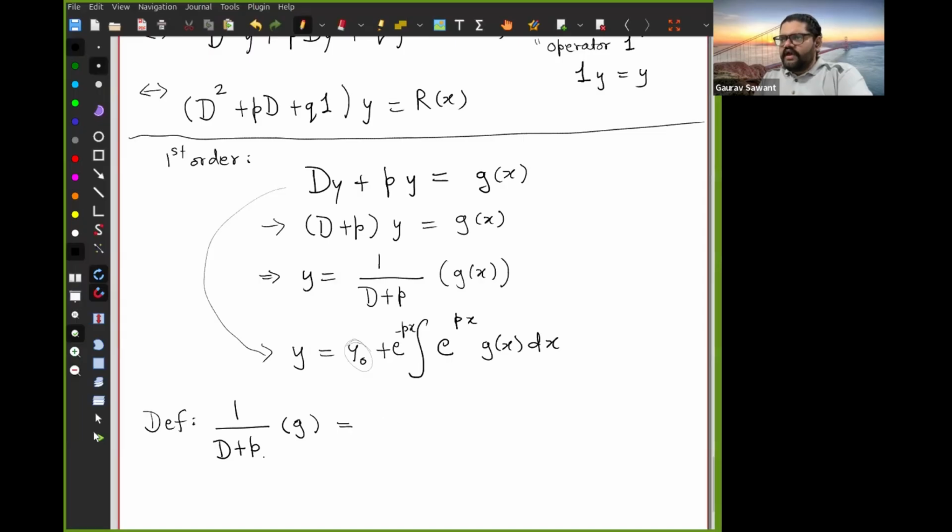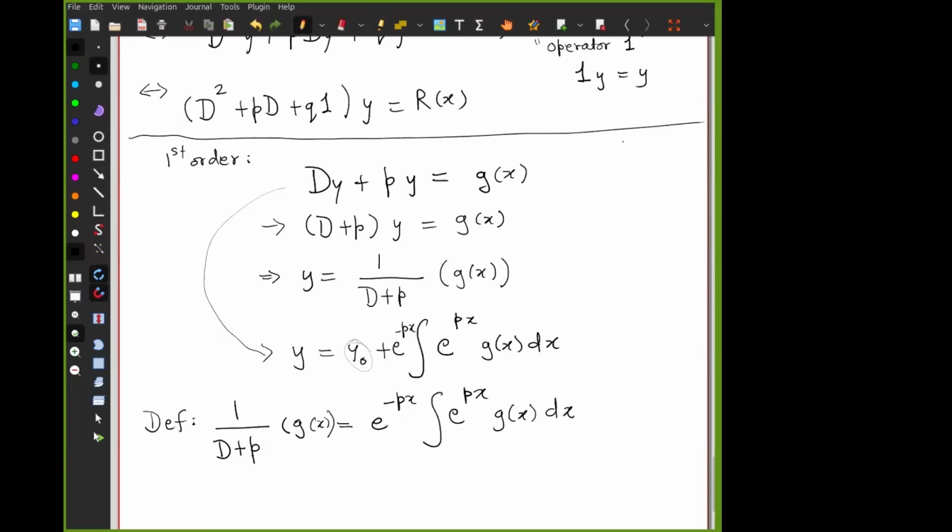So you do e power minus px, this acting on g(x) equals e power minus px integral e power px g(x) dx. Had this p been equal to 0, then you just have dy equal to g(x) and then y equals integral g(x) dx. So this all checks out.